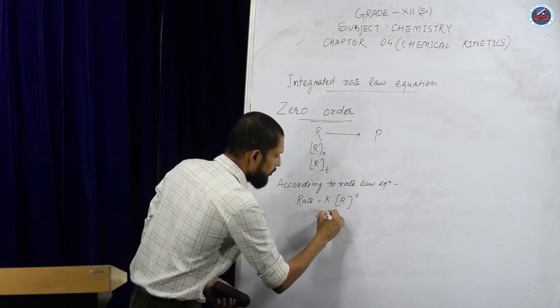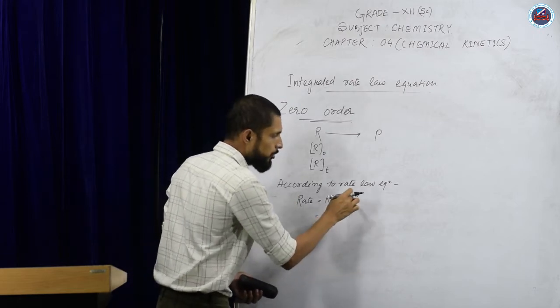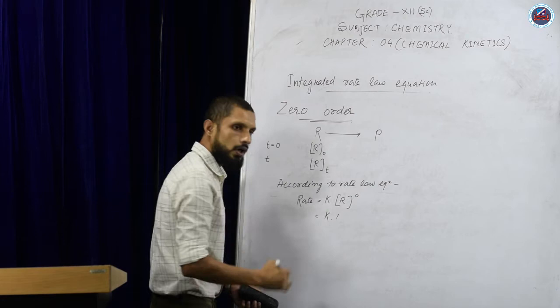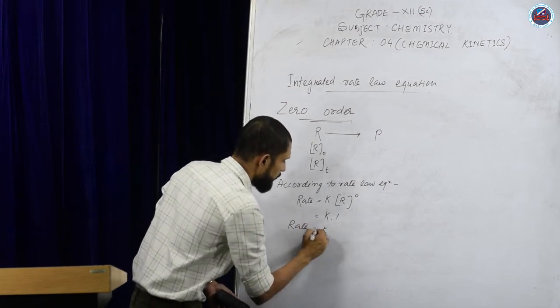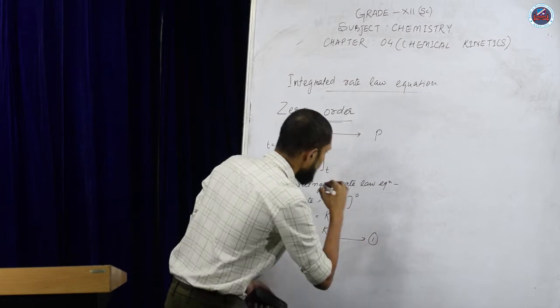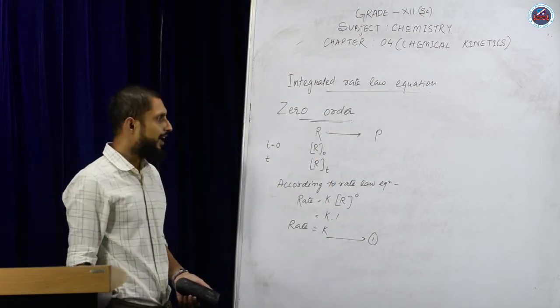So we can write K, R to the power 0 is equal to 1. So rate of a reaction is equal to K. This is according to rate law equation.